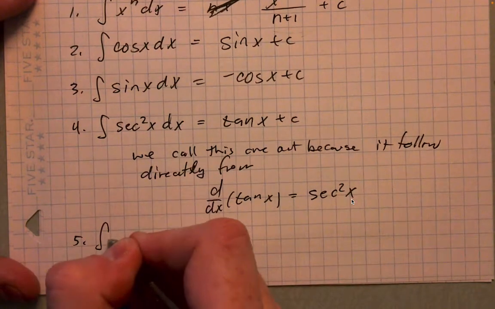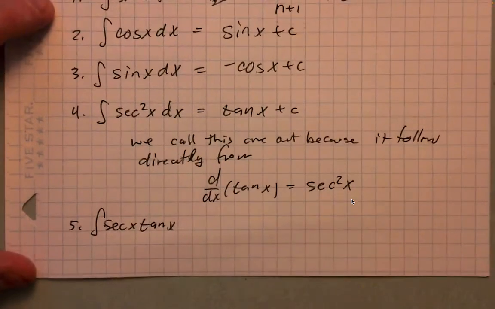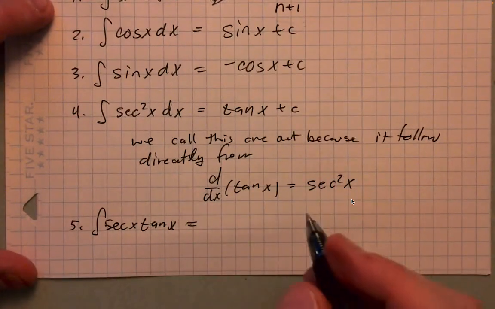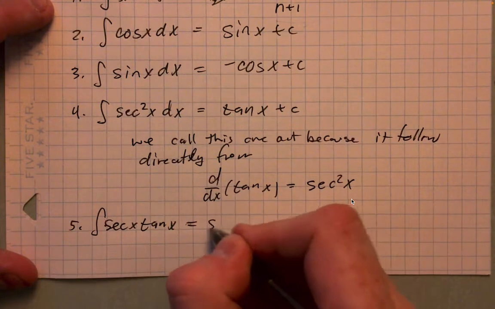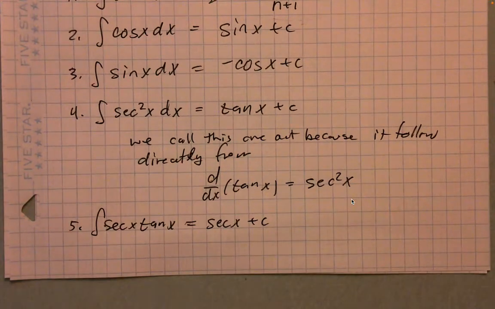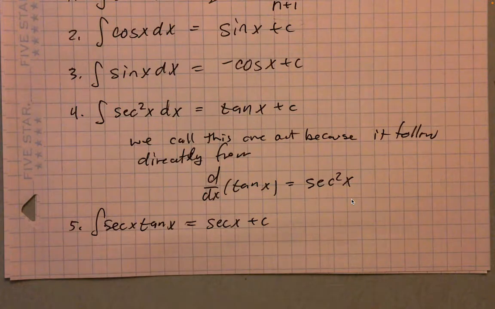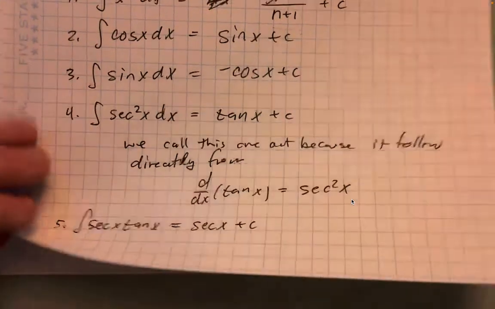So the integral of secant x tangent x is equal to secant x plus the constant. And again, for the same reason, because the derivative of secant is this. So the derivative of this is this, and that's why we're calling it out.